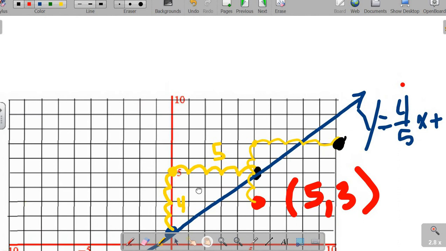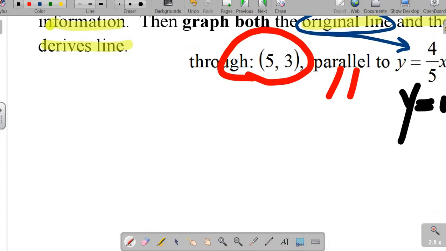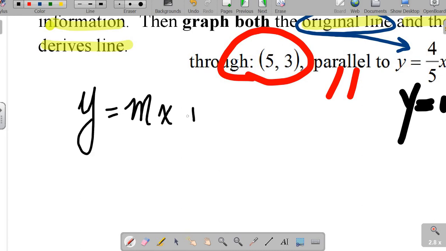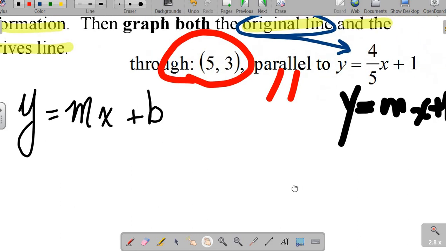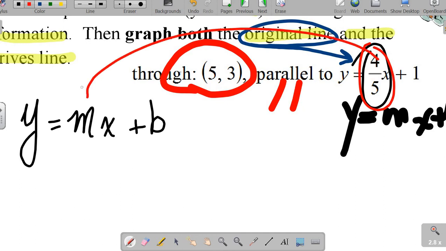So let's go through and show you how to do this algebraically. We have y equals mx plus b. Our desired slope is parallel. Parallel means we want the exact same slope. So I circle this and bring it over here.